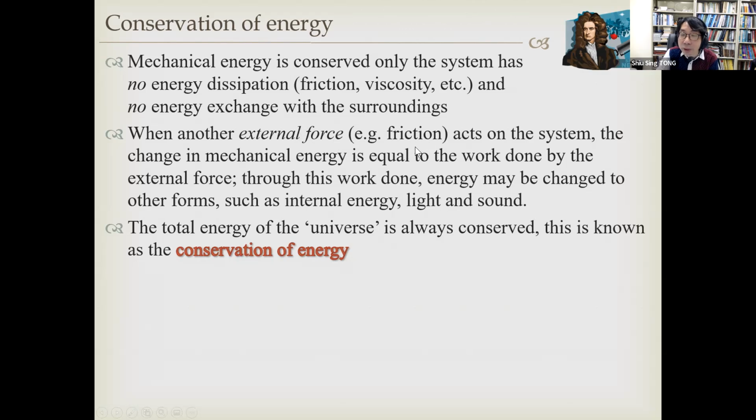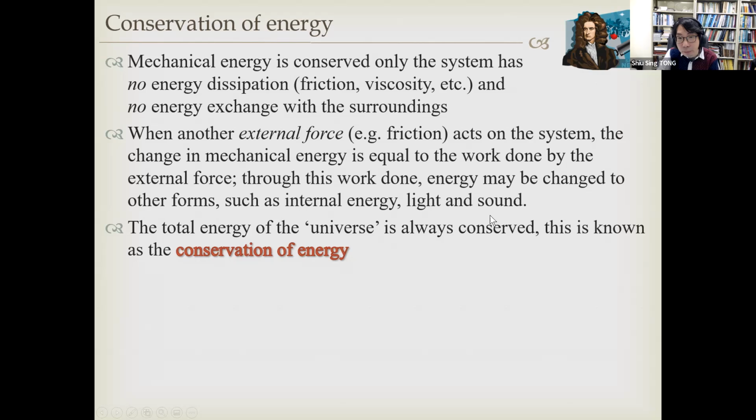And if the external force is a dissipative one, like friction, there will be energy loss in the system. And the energy loss will go to other forms of energy instead of mechanical energy. It will become heat. Heat is a kind of internal energy. And also it may become light and sound for the case of collision or other dissipative processes.